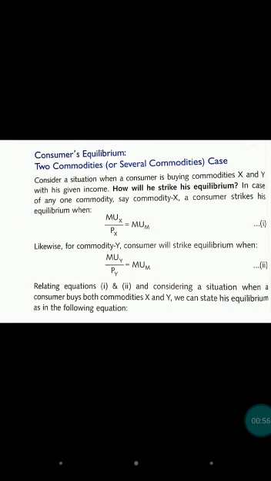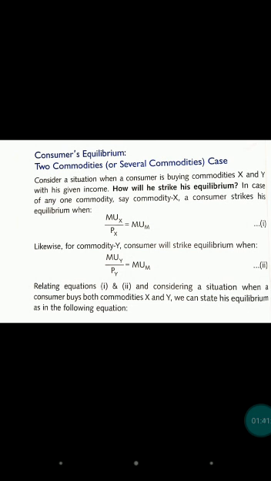In the utility approach we have two conditions: the case of one commodity, and the case of two or more commodities. The case of one commodity we discussed in the last video, and in this video we are going to discuss consumer's equilibrium in the case of two commodities. In the last video, with one commodity, the consumer gets equilibrium when MUX is equal to price of commodity X, or MUX upon PX is equal to MUM, the marginal utility of money.